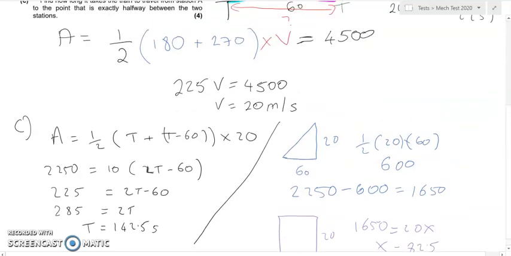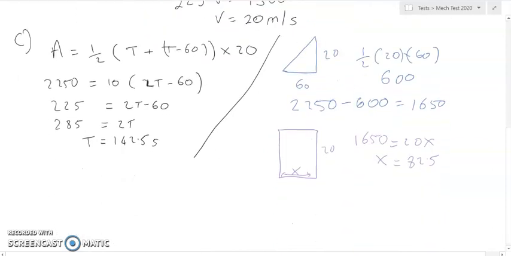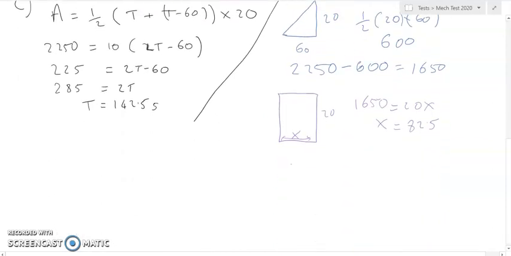But remember, x is only the width of the rectangle, but it was already accelerating for 60 seconds, so the total time is 82.5 plus 60, giving us 142.5. So there were two ways that you could have done this question, but you still get the same answer both ways.